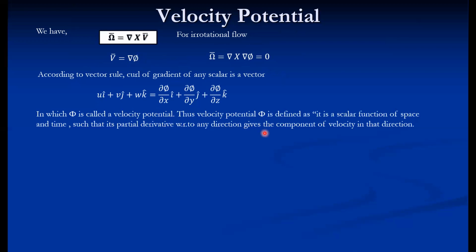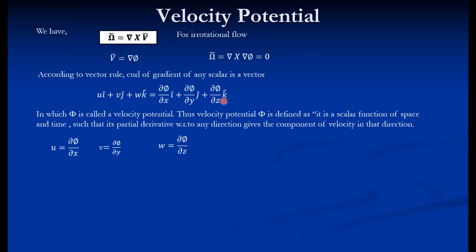This velocity potential phi can be defined as a scalar function of space and time such that its partial derivative with respect to any direction gives the component of velocity in that direction.